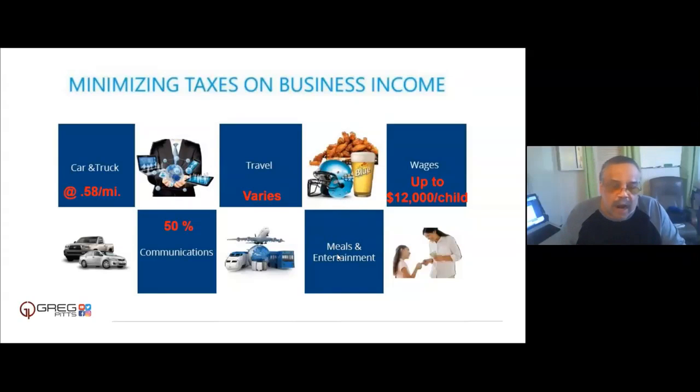Meals are tax deductible. Entertainment, not so much anymore. And nowadays, you can pay each child up to $12,500 per child if you hire that child to work in your business. If you hire someone to work in your business, that's money that's spent while you're attempting to make a profit in your business.